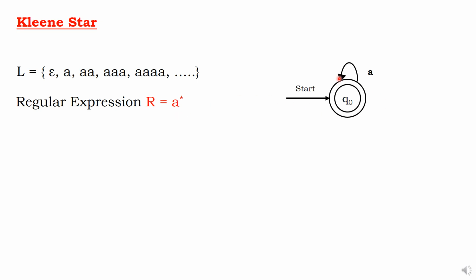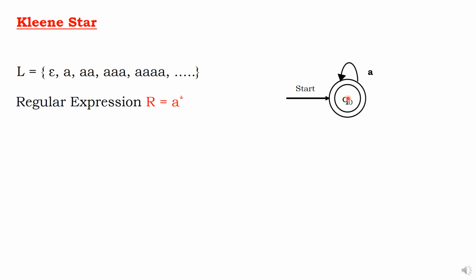When we draw the diagram, we usually draw a self loop. What does that indicate? A, 3 A's, 4 A's. Now this is the starting as well as the ending state. So without going through the loop also it can complete. That is the empty string. If it is empty, it will directly enter the last state.